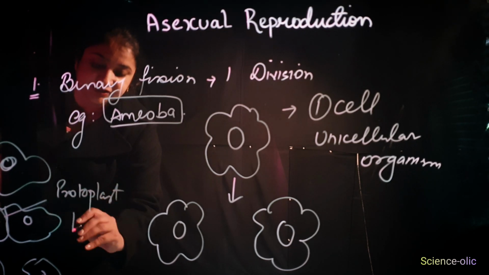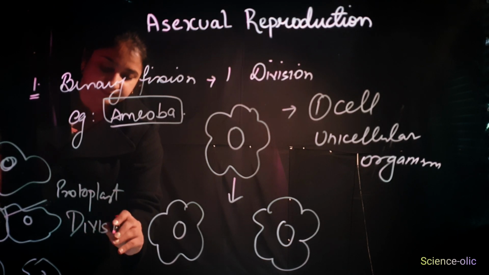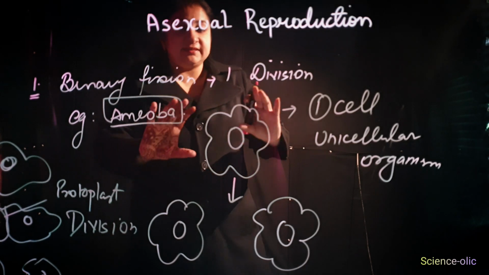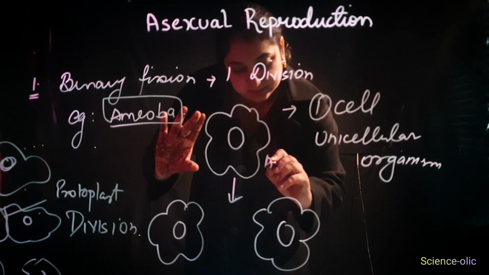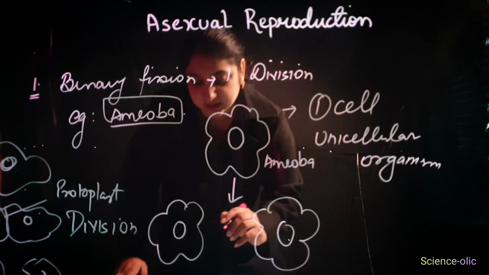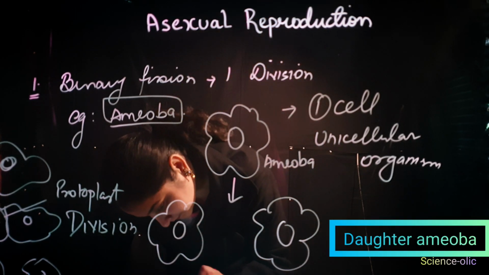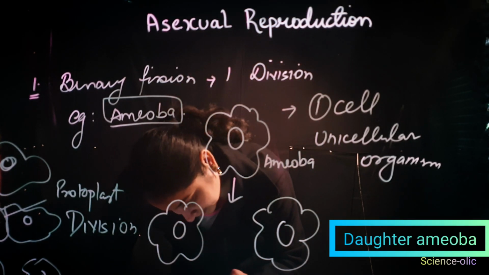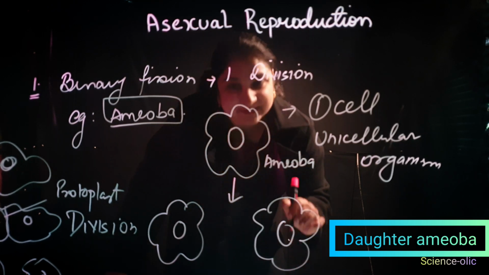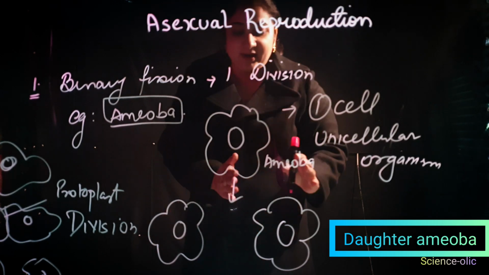Protoplast division takes place, and these two new cells are formed. This is, my friend, amoeba, and these two new cells are known as daughter amoebas. They are not called son amoebas. They are called daughter amoebas.